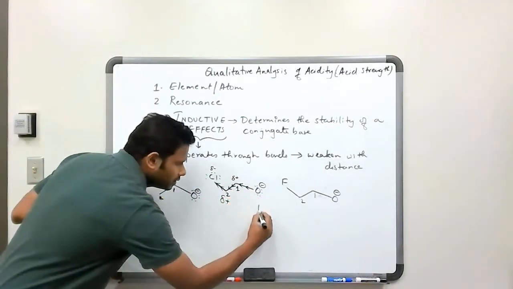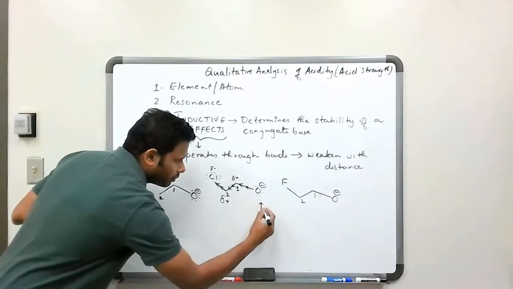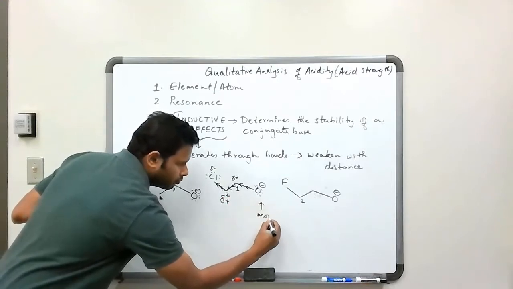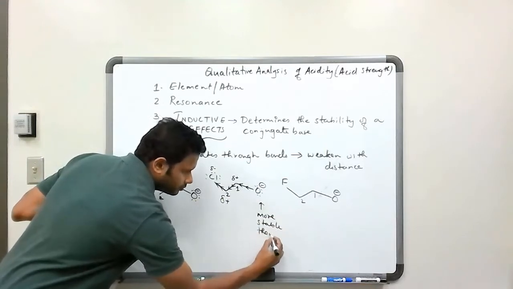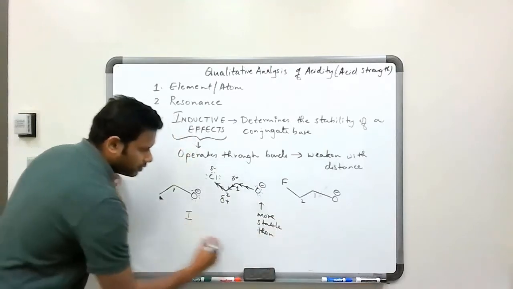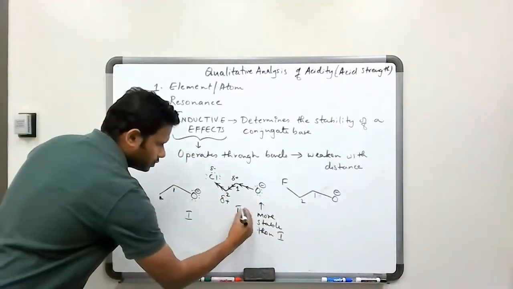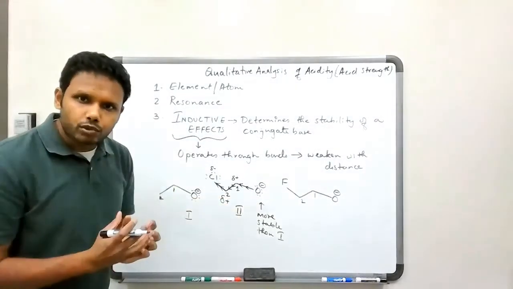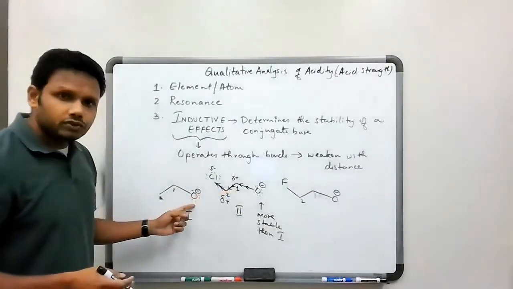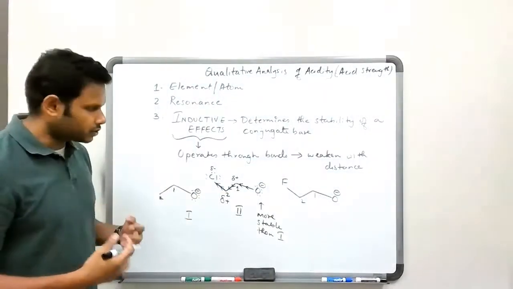That means this O minus, this is 2, is more stable than 1. The negative charge is a little bit more stabilized than the negative charge in 1, because in 1 there is no other element pulling electron density.